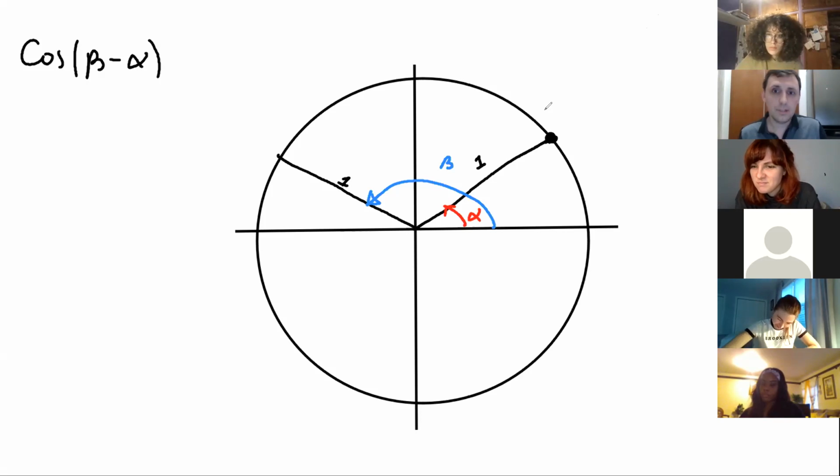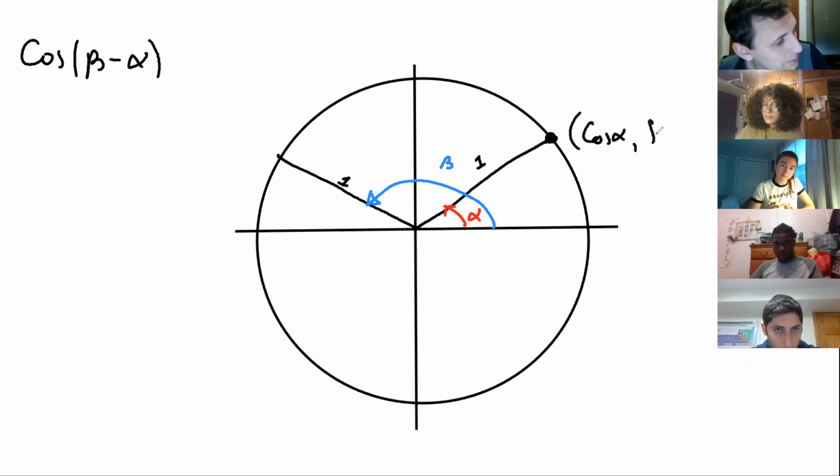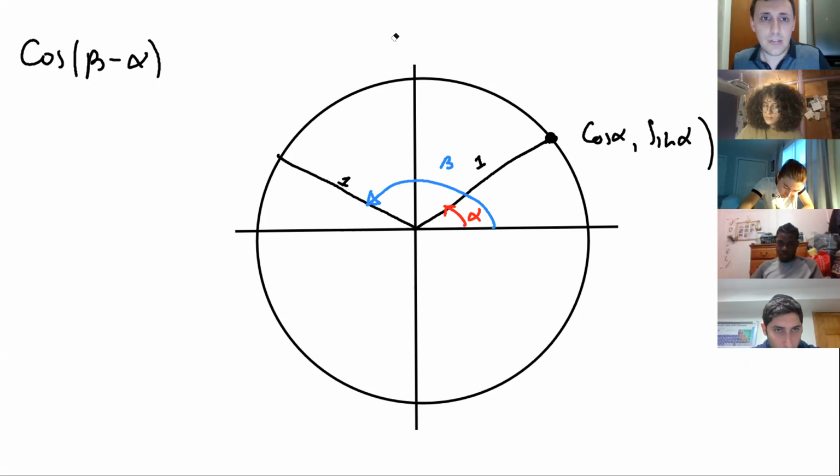Good? Cosine alpha, sine alpha. You see, what's there to remember, guys? It's natural. When it's natural, then it's cosine alpha, sine alpha. Yes? Everybody understand?